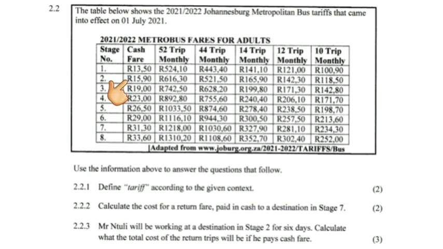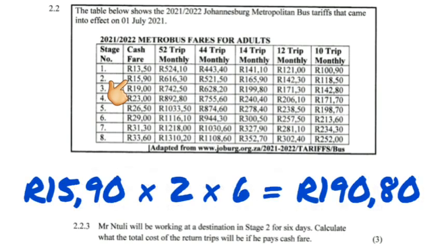So we're looking at the cash column. The cash column says you pay 15 rands and 90 cents just a one-way trip, so you multiply by 2 to account for going and coming back, and then you multiply by 6 to account for 6 days, and it gives me 190 rands and 80 cents.